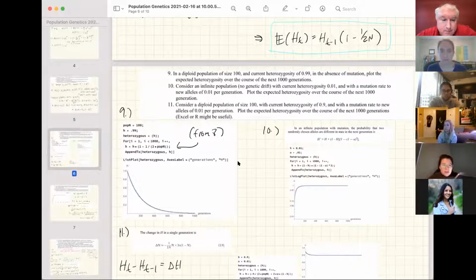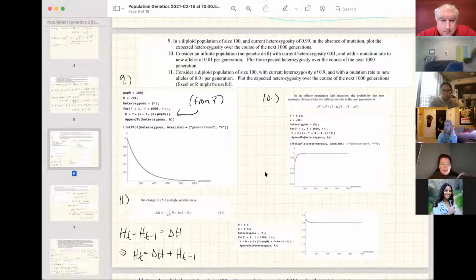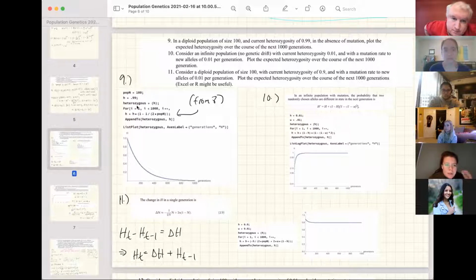So basically, we already have the formula for heterozygosity from 8. So depending on how you like to program it, you could really do it any number of ways, but I just used a for loop. And you could have been even more grotesque.